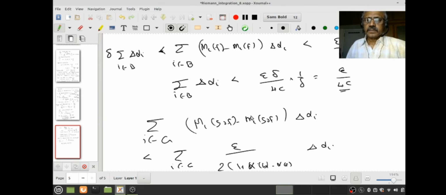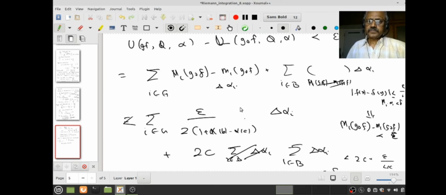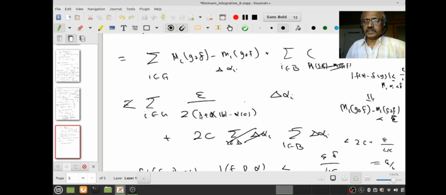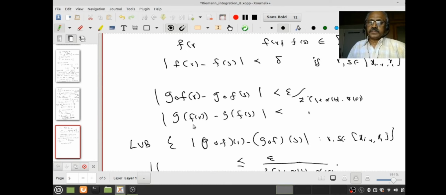Go back. See, this is what we did. M_i of g∘f is the sup of g∘f. This object we wrote is less than this, but what we already observed is the modulus of g∘f(R) minus g∘f(S), as R and S vary over this interval as arbitrary elements, will be less than or equal to epsilon.